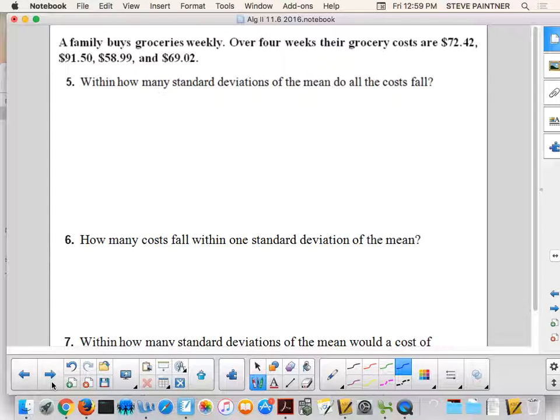Okay. Look. You see this? This is Anna's notes. Here's what I would do. You don't have to do it, but here's what I would do. I would do all your number crunching up on top. And then once we get the standard deviation, you know what we're going to do next? We're going to make a bell curve. And we're going to fill in the numbers. Then we're going to answer the 3 questions. So I put the table on top, then the bell curve next, then answer the questions.